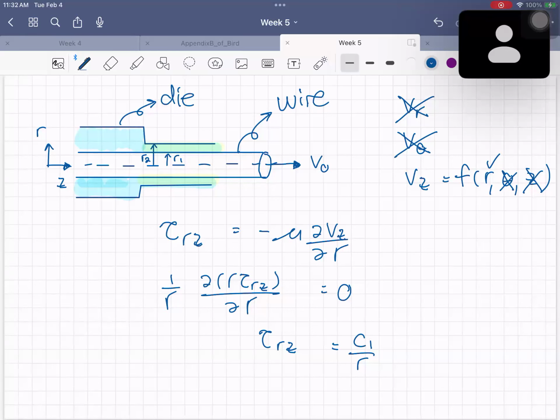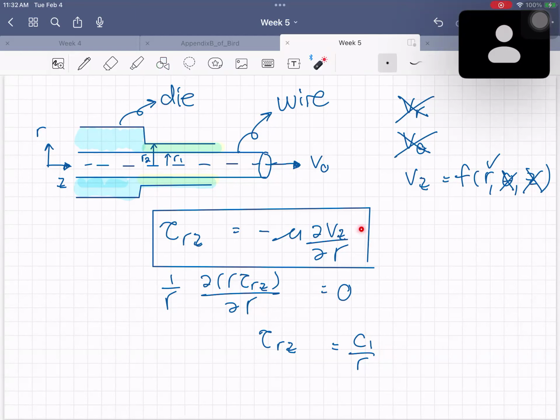Okay, so we have this equation right here. So we're going to substitute into this equation because it will be in the function of velocity. Okay, so substitute this term into this equation right here that we got from B1. Remember? Okay, B1 right here, Newton's law of viscosity.